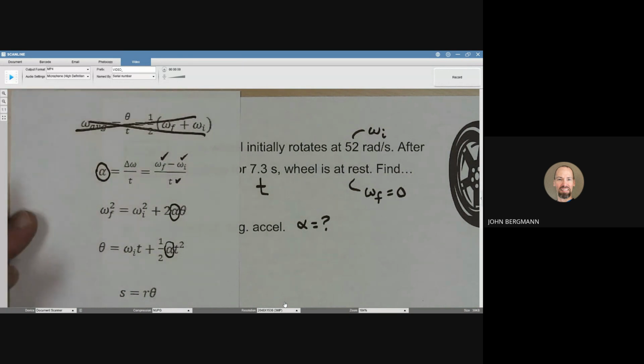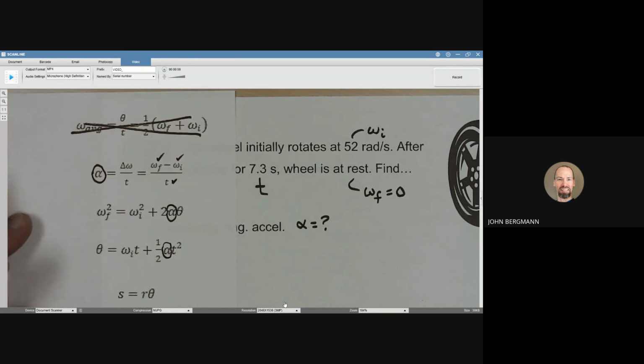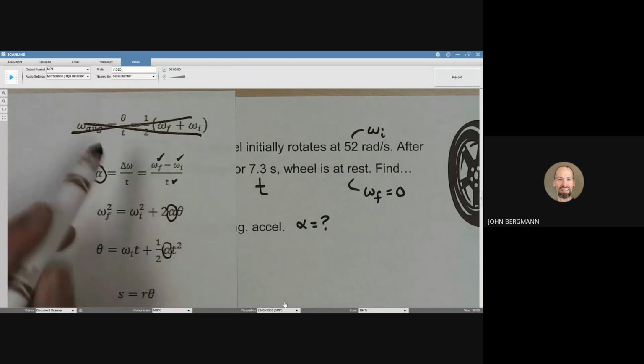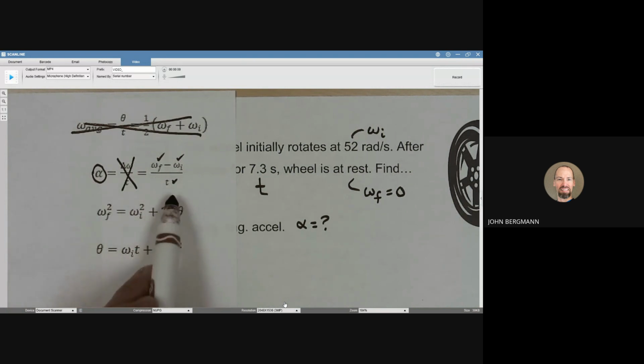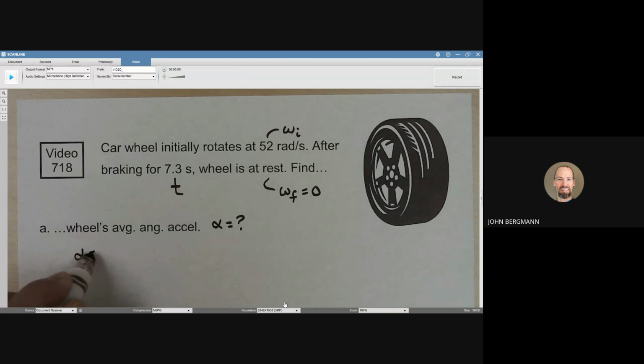I'm going to use this top equation right here without that part of it. Alpha is equal to omega final minus omega initial, whole thing divided by time.